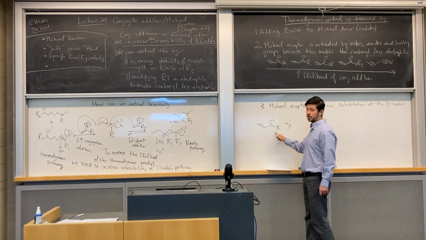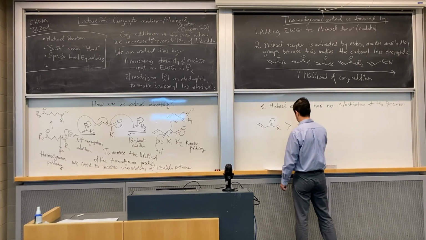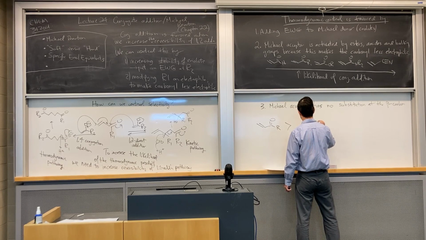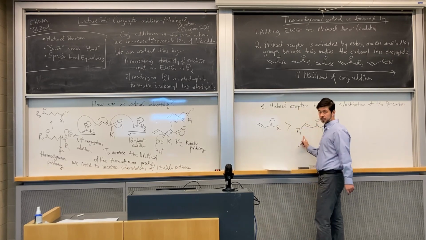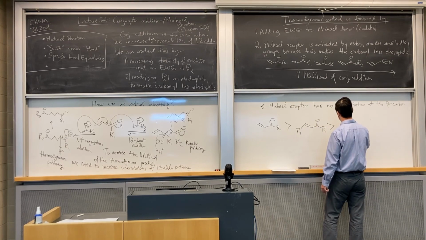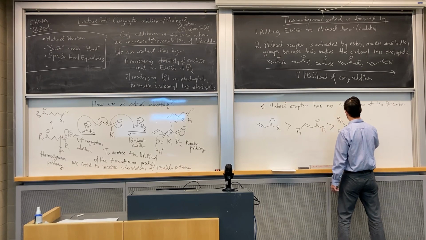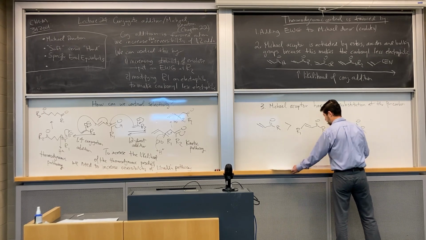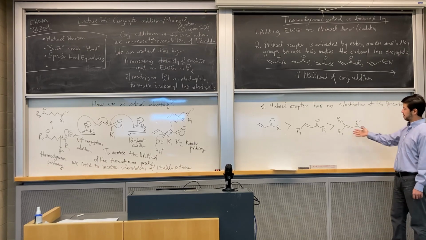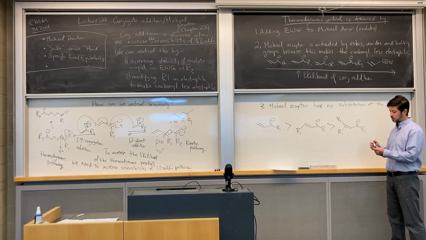So this compound here would be better compared to something like this, which would be better than something like that. Okay? And it makes sense because you're starting to block the site as soon as you put some steric block on there.